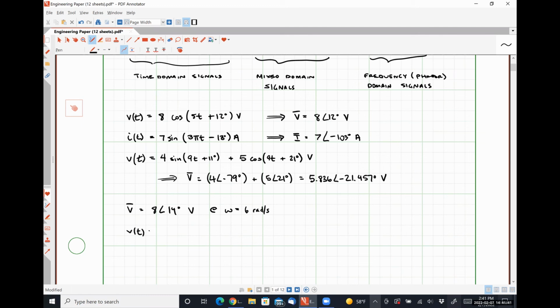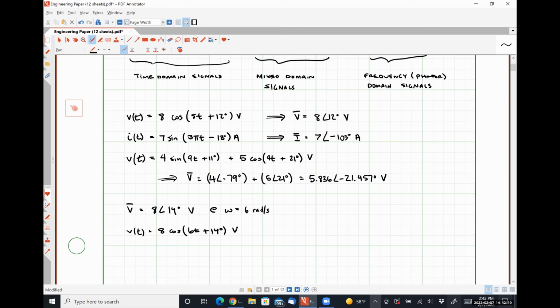My time domain representation of this signal is 8 cosine 6t plus 14 degrees volts, where the magnitude of my phasor voltage is the same as the magnitude of my time domain voltage. The phase angle of my phasor voltage is the same as the phase angle of my time domain voltage. And I have to include that omega that tells me how quickly my signal is oscillating. Okay.